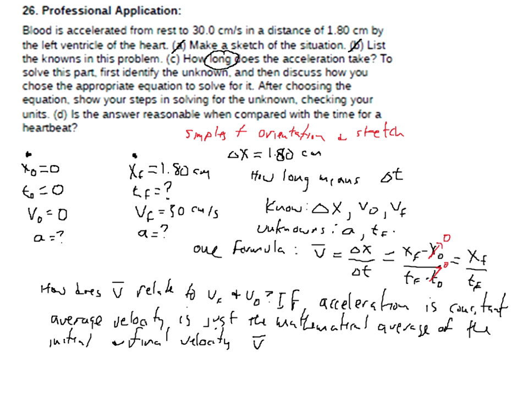So the mathematical average would just be v final plus v initial over 2.